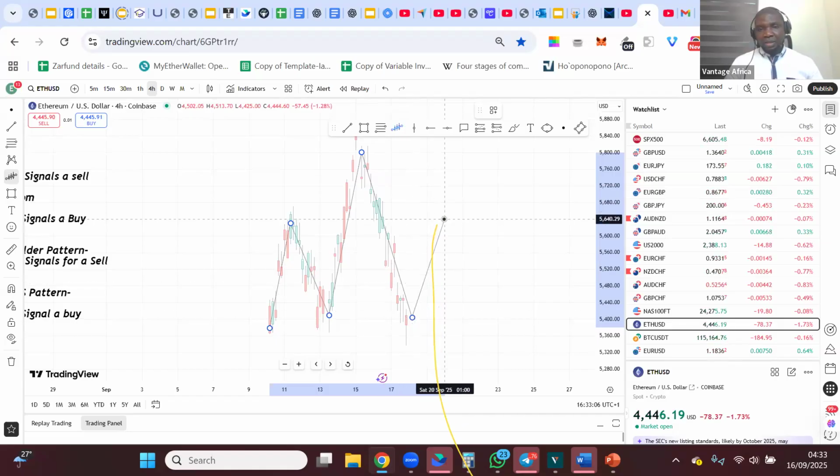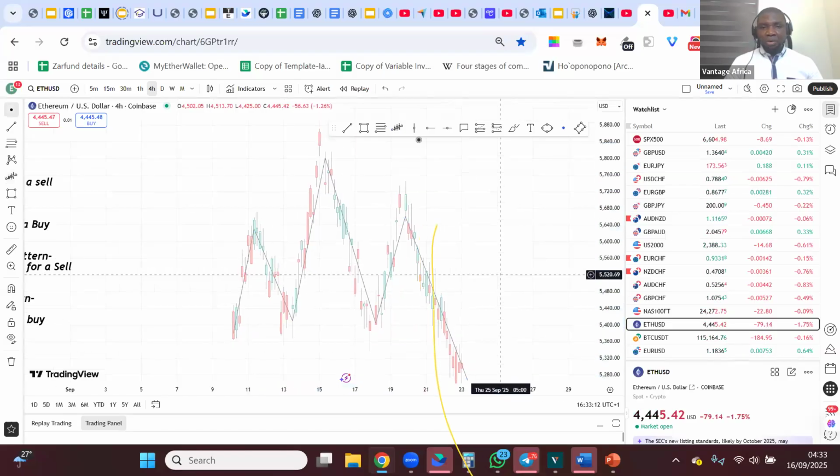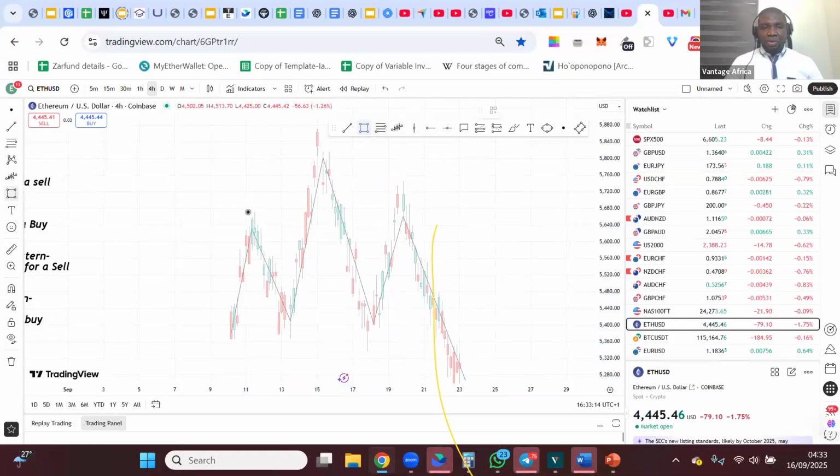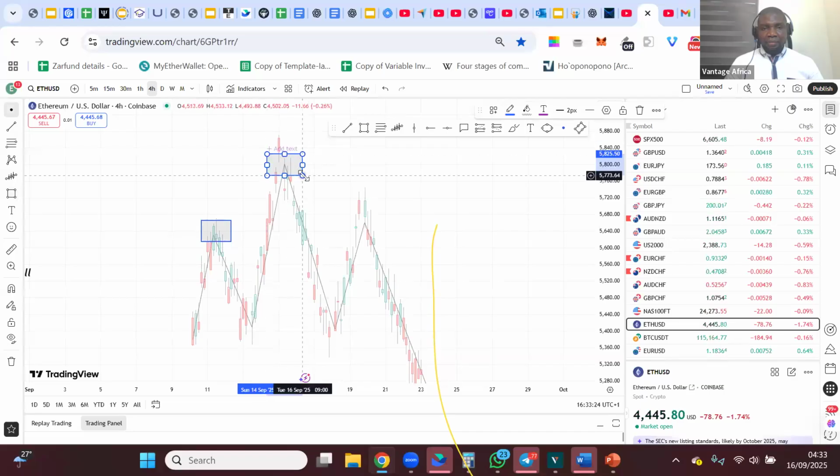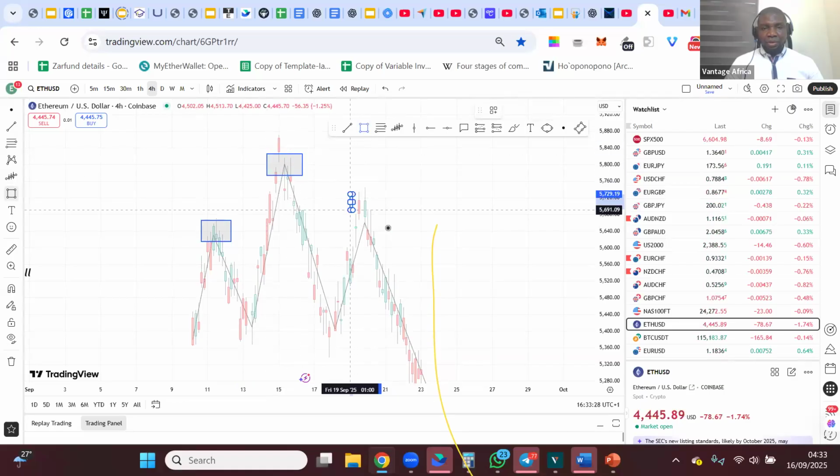So market moves like this, hits this level somewhere here, and then starts coming down. So this becomes your left shoulder. This is the head. This is the right shoulder.